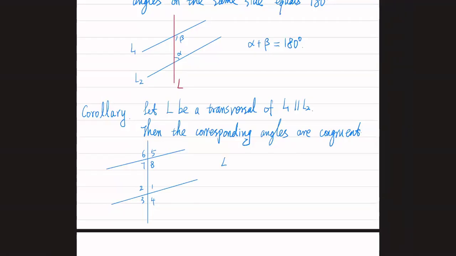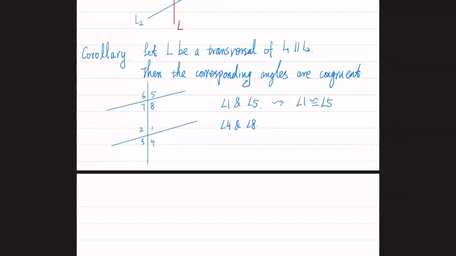Okay, angle 1 and angle 5, a pair. Okay, Aaron? 4 and 8. Okay, there are 4 pairs. This corollary states that each of these pairs must be congruent. They have the same measure.